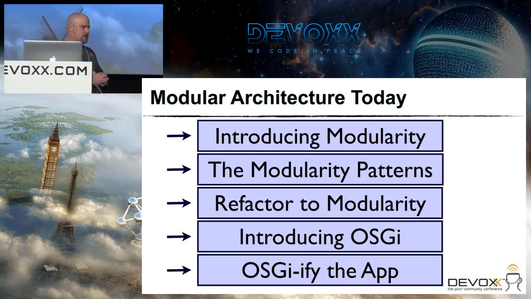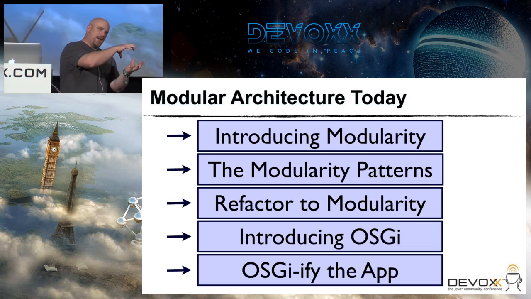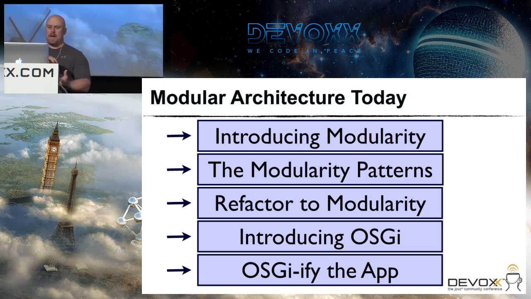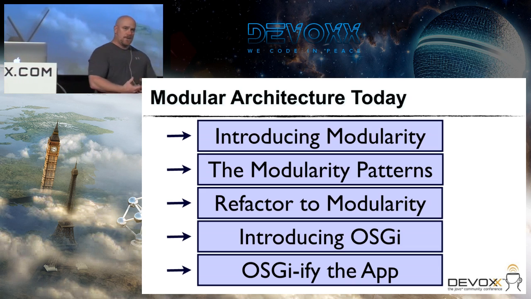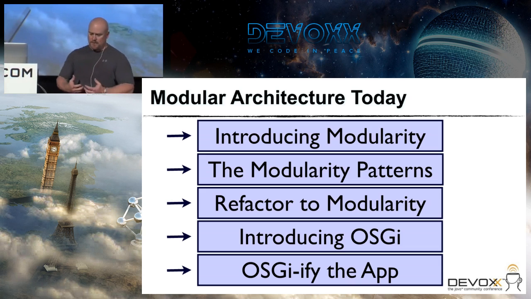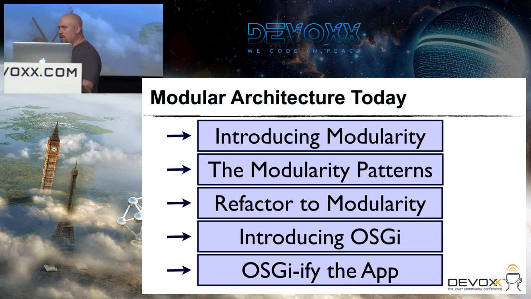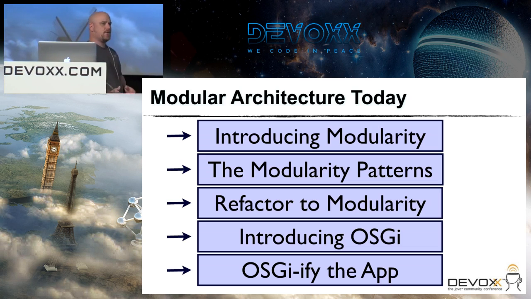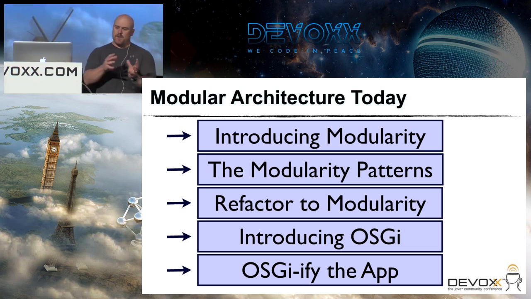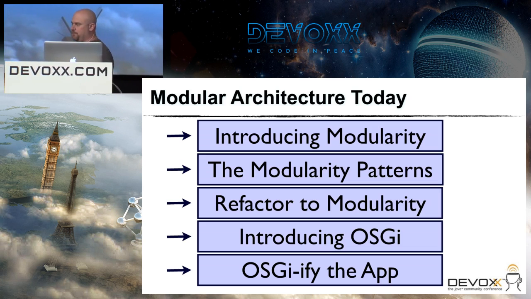Then we're going to take a subset of these patterns, not all of them, and refactor an existing web application that's been developed with a relatively monolithic architecture, similar, I suspect, to what a lot of us have been doing over the course of the past 10 or 15 years, and we're going to refactor this to an architecture that is very, very modular in nature.